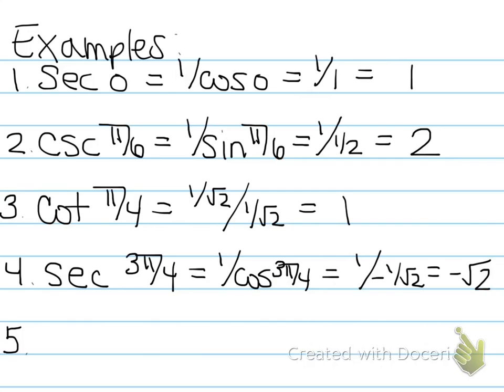5. Let's try the cotangent of 7 pi over 6. 7 pi over 6 falls in what quadrant?